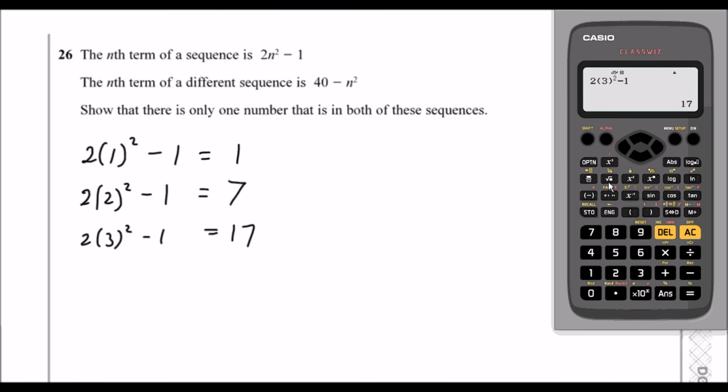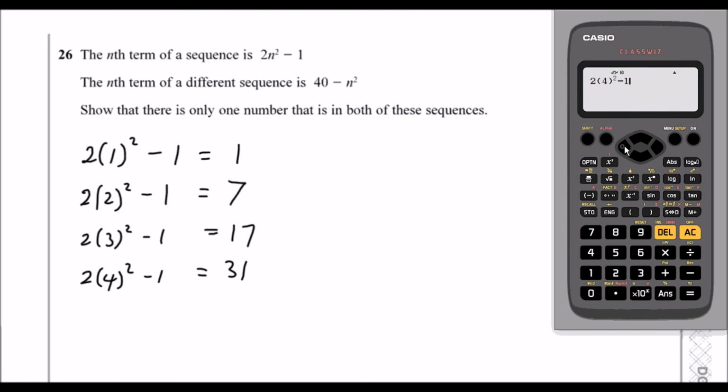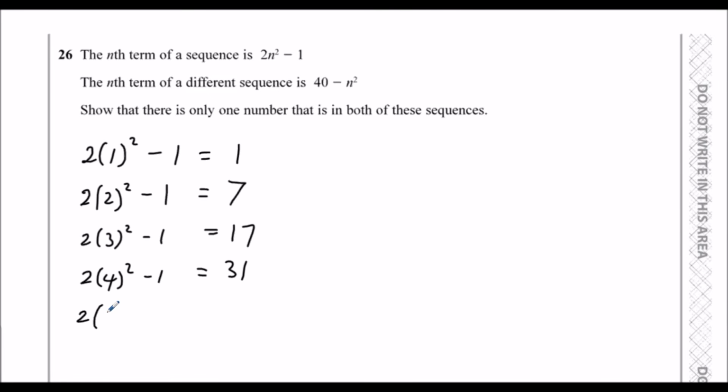For the fourth term, substitute in 4. That's 31. And we'll do another one. The fifth term is 49. So 2 times 5 squared, take away 1, is 49. Now that's over 40, so I know that's going to be high enough.